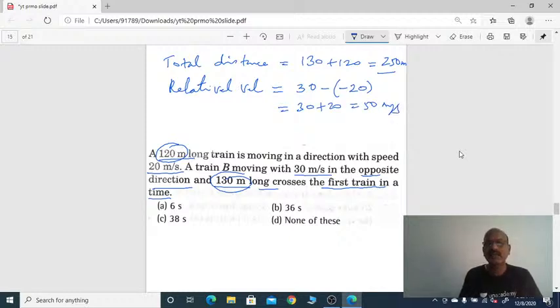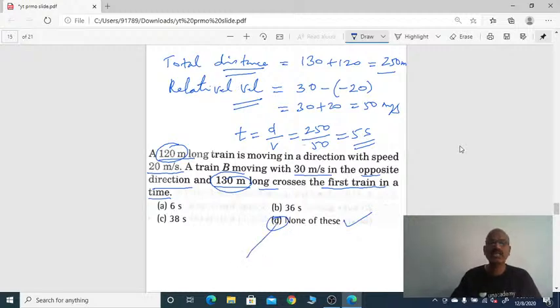What is the question? How much time is taken? We know total distance and velocity, so time taken equals distance travelled by velocity, 250 by 50, which is 5 seconds. So none of these is the correct option.